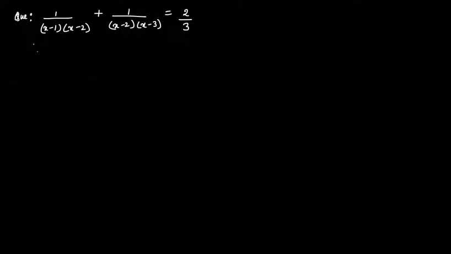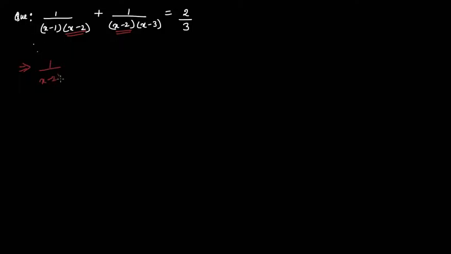So let us start. As you can see here, both these terms, 1 upon (x minus 1)(x minus 2) plus 1 upon (x minus 2)(x minus 3), have x minus 2 as the common factor. So as we can analyze from seeing this, we can take out x minus 2 common. I'll be taking out x minus 2.